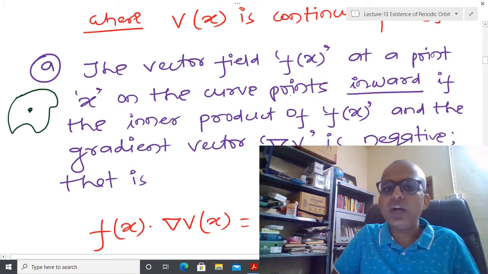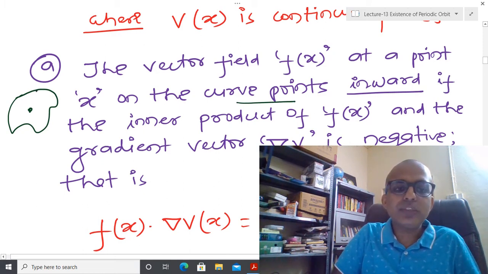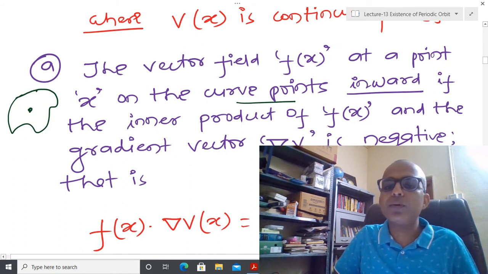Then I construct the curve, and after that I am going to see the inner product of the gradient of this function, del V. We know how to calculate the gradient. Suppose V is a function of x1 and x2, then the gradient of this is dou V by dou x1 calculated at x, plus dou V by dou x2 calculated at x.